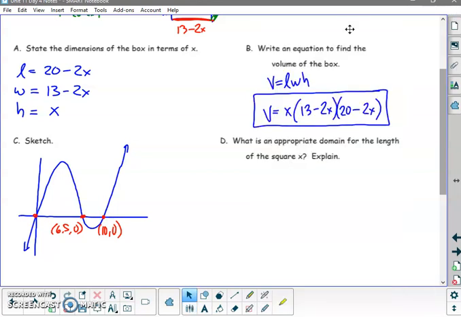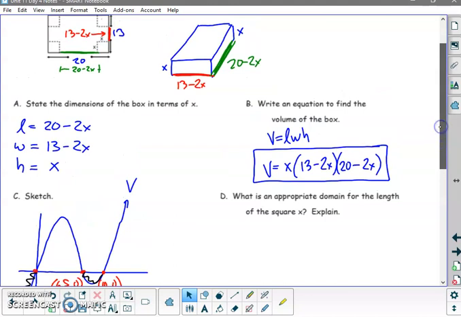So the next question is kind of interesting. It says, what is an appropriate domain for the length of the square x? Explain. Now a couple things here, if you remember, is that this function represents the volume. So I think it's pretty obvious that volume can't be negative. So any part of the graph that dips down below the x-axis would give you a negative volume, and therefore it's not possible. Now the other thing we need to take into consideration is that x is what you're cutting out of this box.